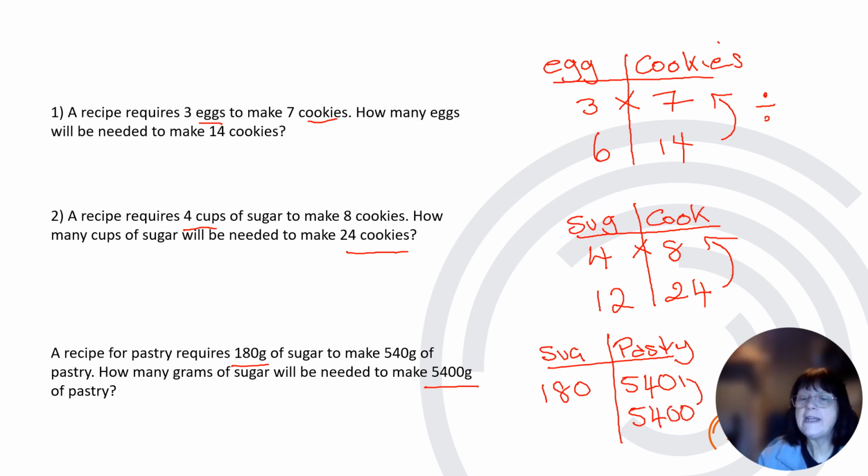So we always divide by the one above. 5,400 divided by 540 is 10. Times by the one across gives me 1,800. So we would use 1,800 grams of sugar. We're going to use this system for much more difficult questions, so hopefully you can follow what I'm doing here.